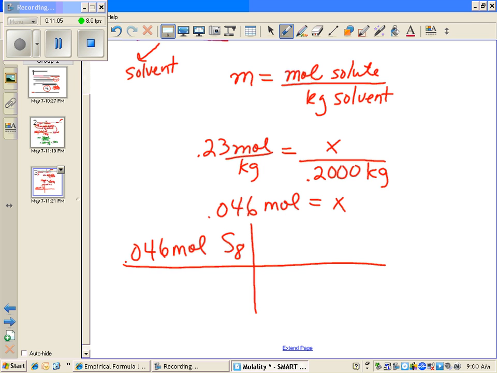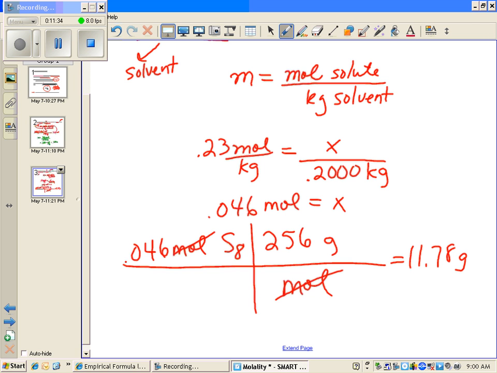All right. So sulfur is 32 times 8, 256. Now, in this case, since I want mole to cancel out, I'm going to put my 256 here, grams per mole. So mole cancels out. Does that make sense?